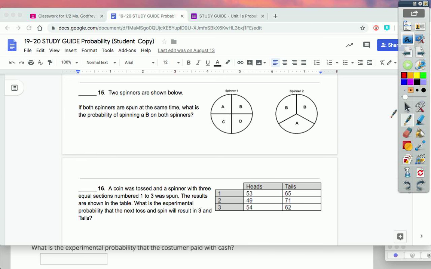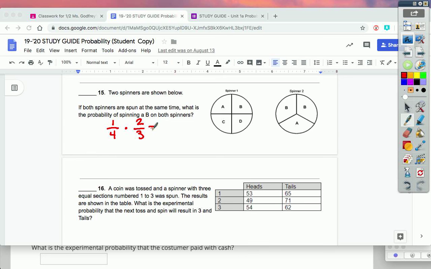So the probability of spinning a B on our first spinner is 1 out of 4. We have a total of 4 parts. 1 of those is a B. On our next spinner, we have 3 parts, and we have 2 that are B's. So the probability of spinning a B on our second spinner is 2 out of 3.